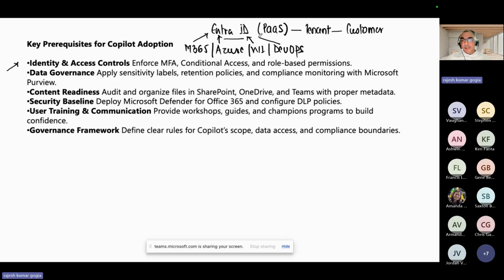Now, what exactly is Entra ID? It is as good as my IDP, identity provider. Entra ID is the one which helps us to maintain and manage identities. There can be various different types of identities.